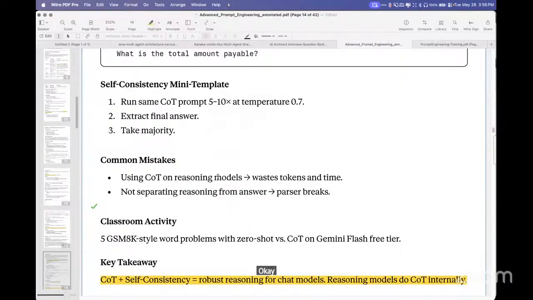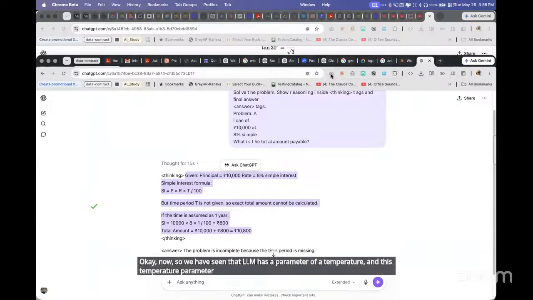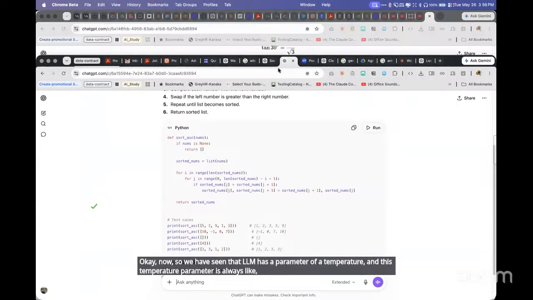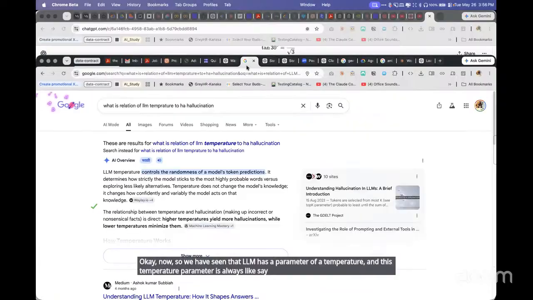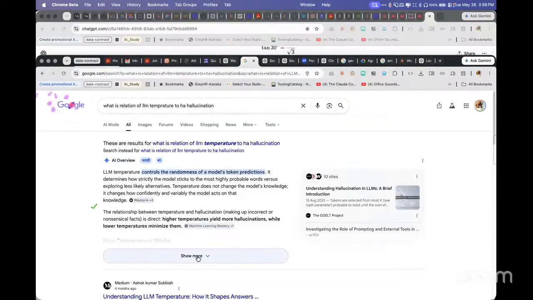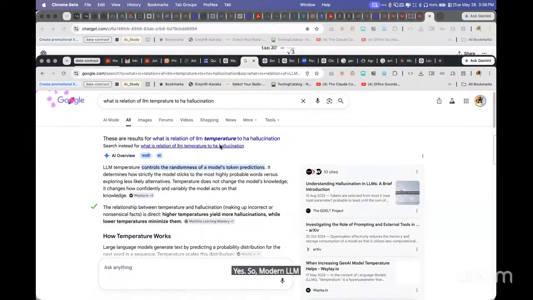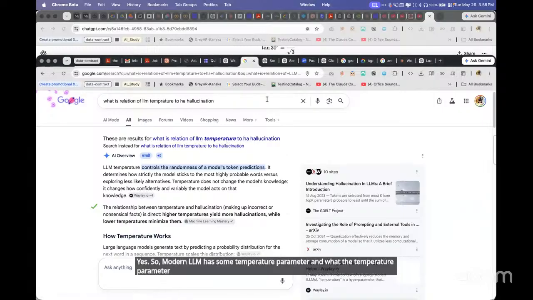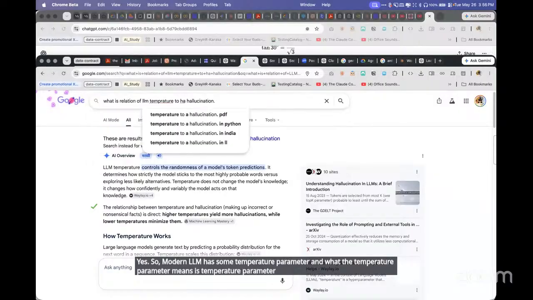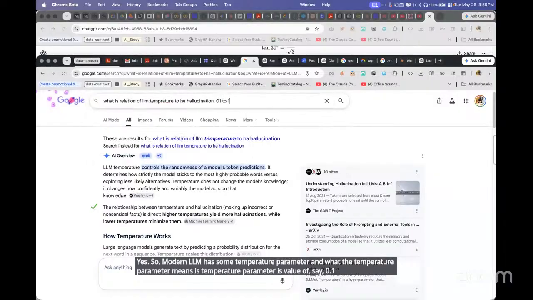Okay, now we have seen that an LLM has a temperature parameter. Modern LLMs have a temperature parameter, and it has a value of say 0.1 to 1.